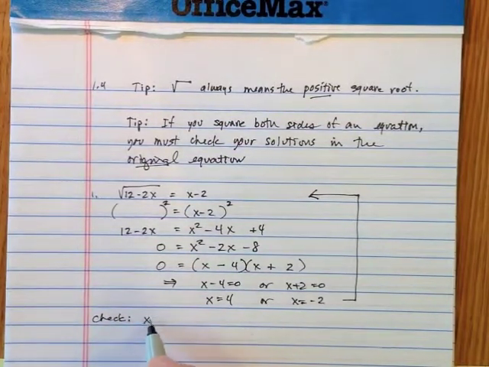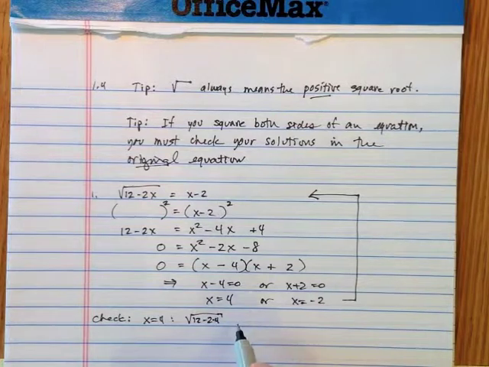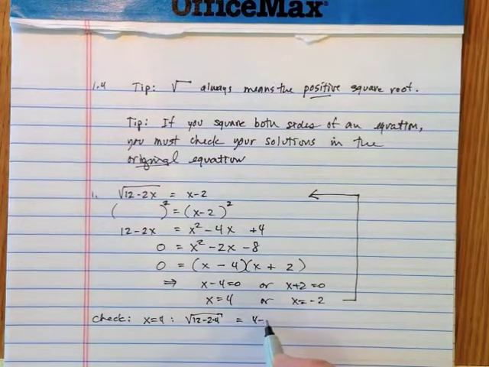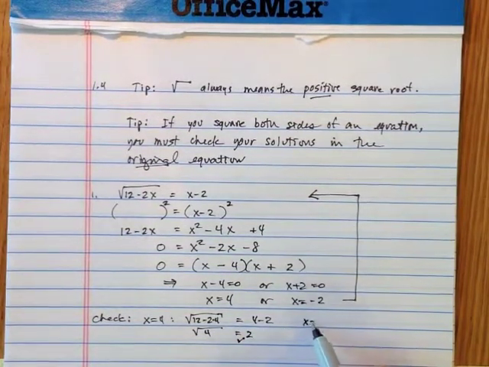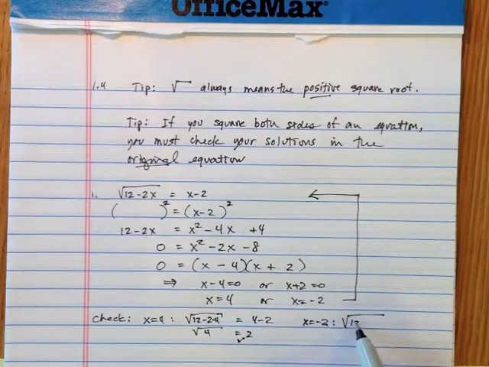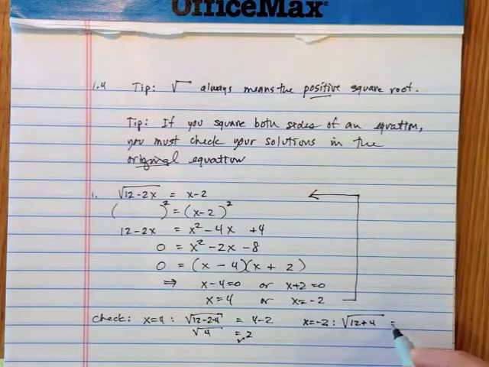Let's see. When I check x equals 4, I get the square root of 12 minus 2 times 4 equals 4 minus 2. Does it? Let's see. That's the square root of 12 minus 8, the square root of 4, is 2. Yep, the square root of 4 is 2. But if I check negative 2, I'll get the square root of 12 plus 4 is negative 2 minus 2.